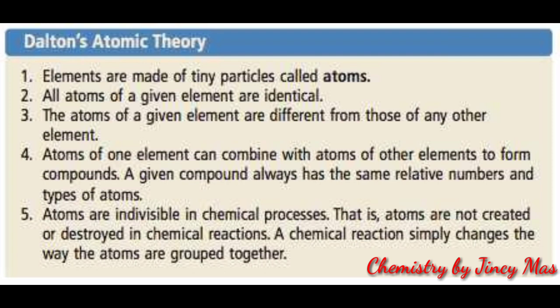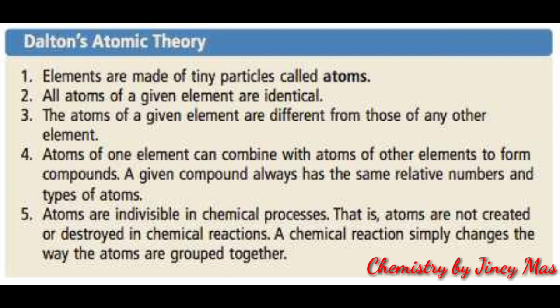All atoms of a given element are identical. For example, if it is the element hydrogen, all hydrogen atoms will be the same. The atoms of a given element are different from those of any other element. Like an oxygen atom will be different from a hydrogen atom.